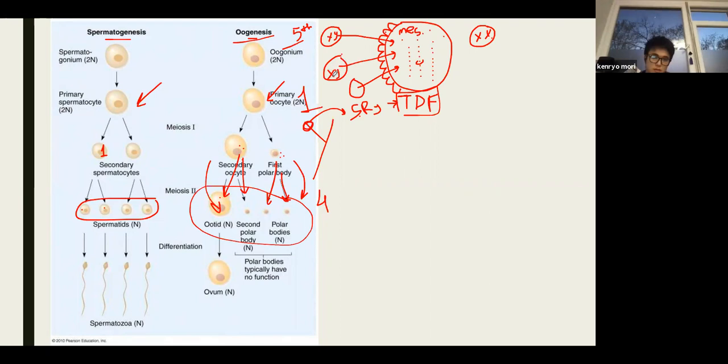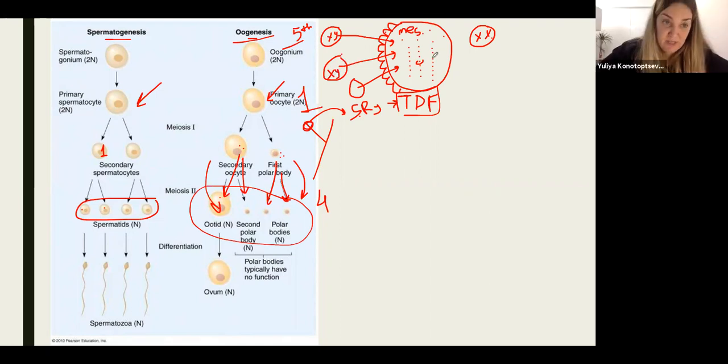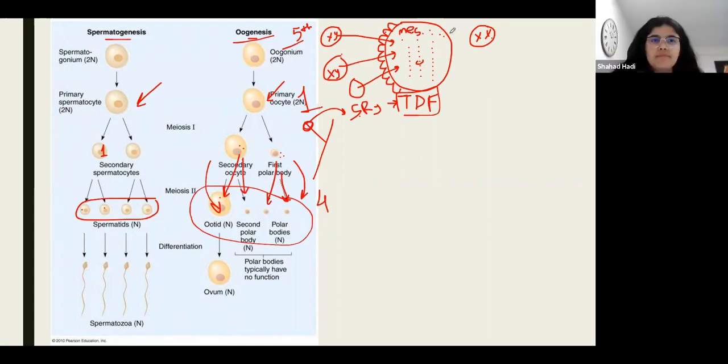XY, because they're diploid, right? So PGCs are diploid, they have XY. But if this sex cord dissociates into clusters, that means that these PGCs actually have XX chromosome.